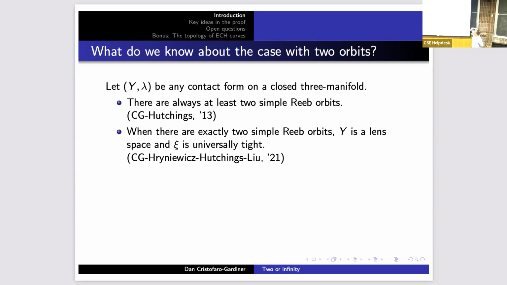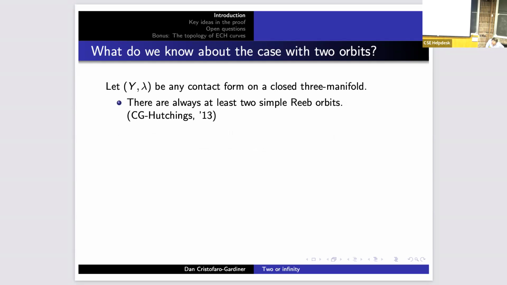So this finite business really only applies to the tight case. And all the lens spaces actually have it, as long as you don't include S1 cross S2 as a lens space. You can just take a quotient of the standard contact form on the irrational ellipsoid. They do actually have that. And almost surely these are the only examples.